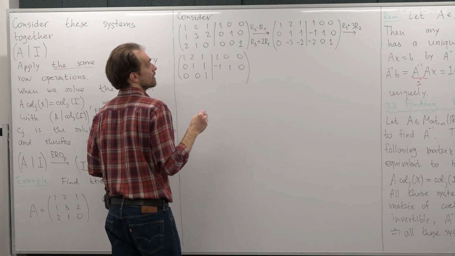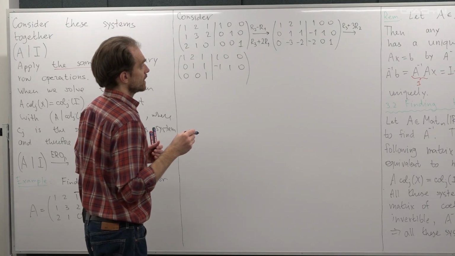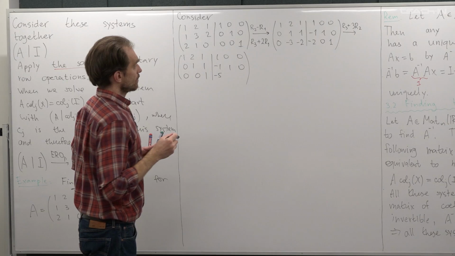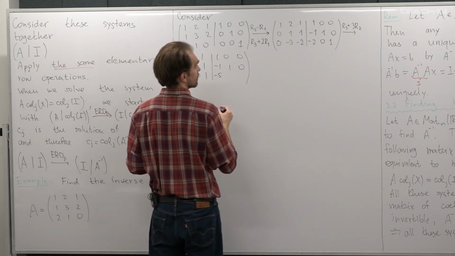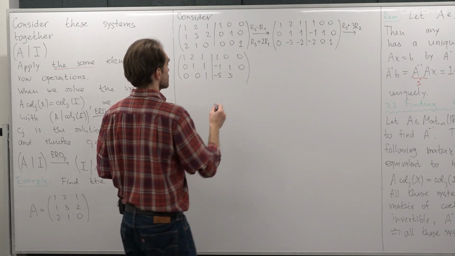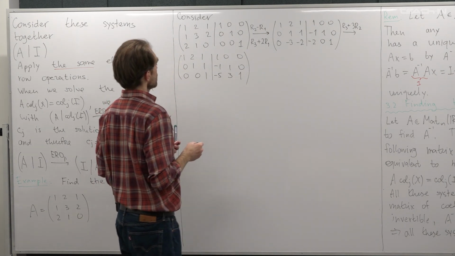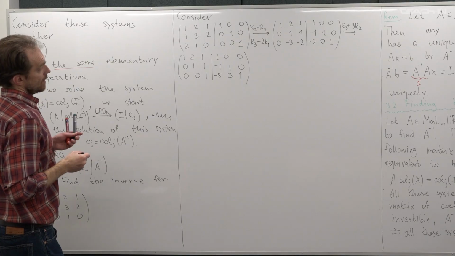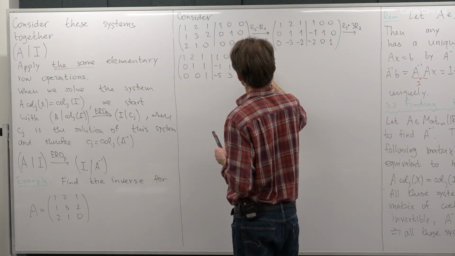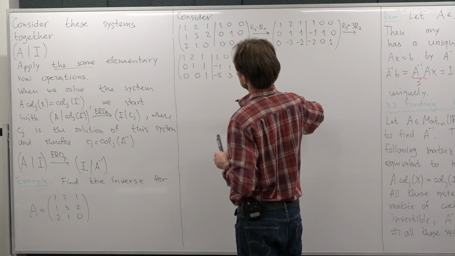So we get minus 2 minus 3, which makes minus 5. Then we get 0 plus 3, which makes 3, and we get 1 here. Okay, so this is row echelon form, but not yet reduced row echelon form, so I subtract the last row.